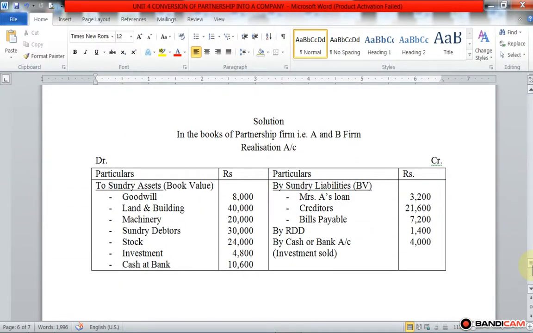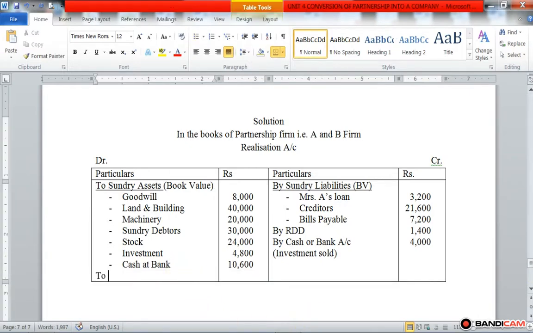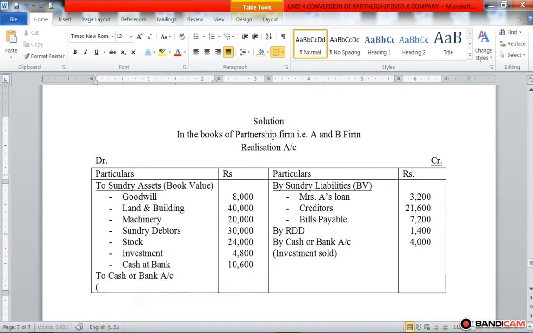So the loan is paid, so liability is paid. The entry will be realization account debit to cash or bank account (loan repaid, or repayment of loan), loan repayment amounted to rupees 3200.